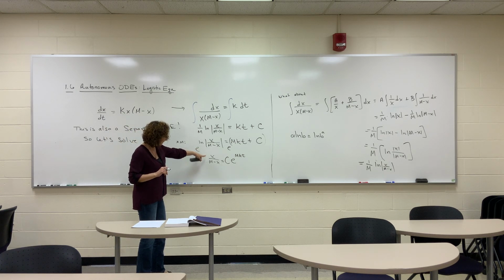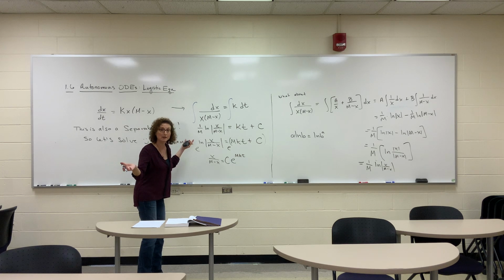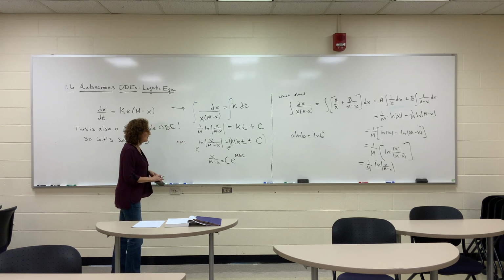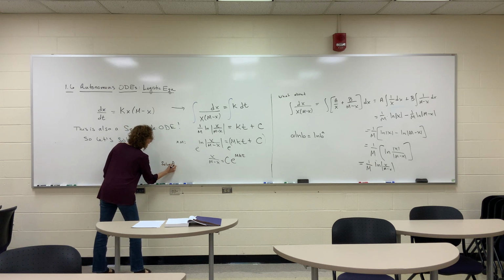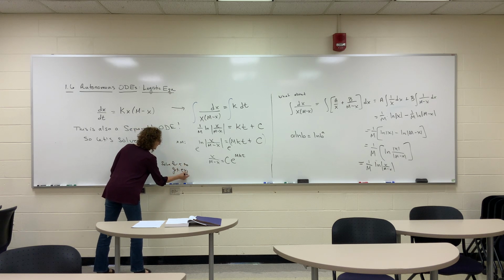Now we still have an implicit solution for x, right? It's still an implicit solution. This is a lot of effort, right? A lot of work, yeah, to go through solving for what, right? For an explicit solution, you want to solve for x to get an explicit solution.